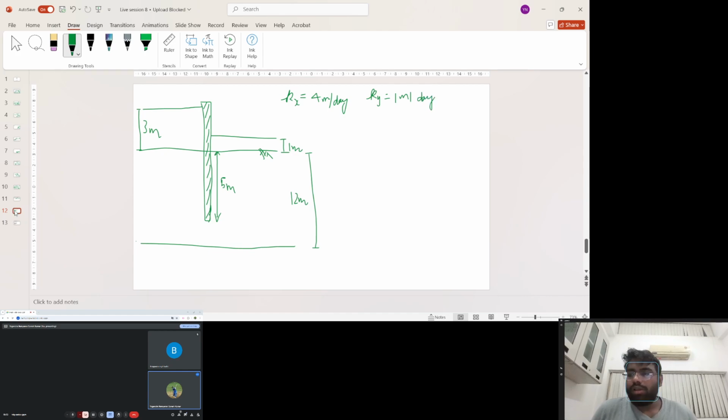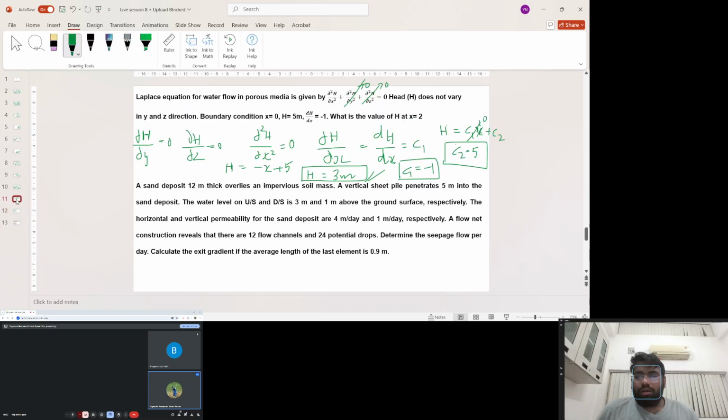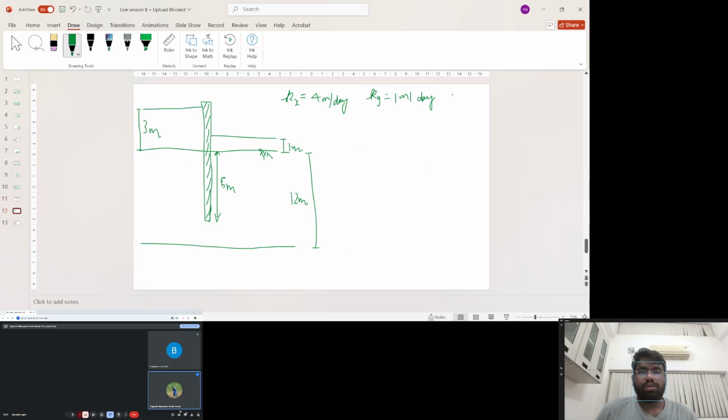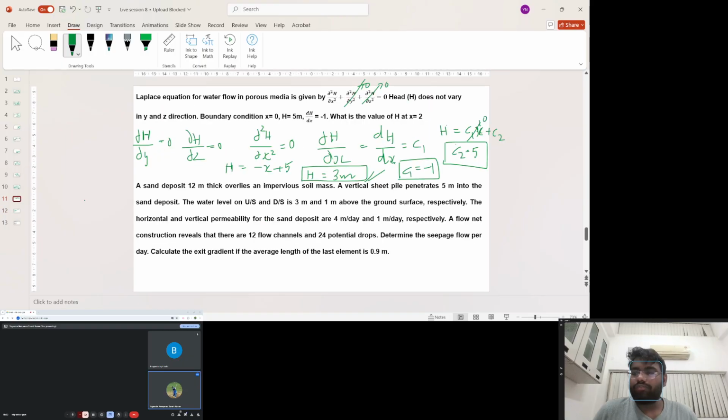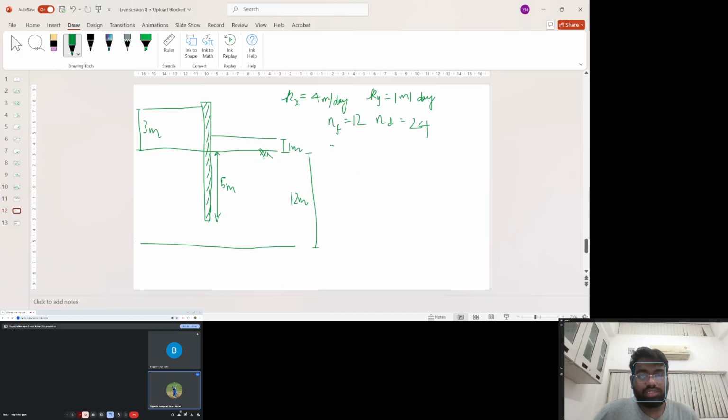The other thing we have is NF is 12 and ND is 24: the number of flow channels is 12 and the number of equipotential drops is 24. Now, what we have to find is the discharge taking place and the exit gradient.